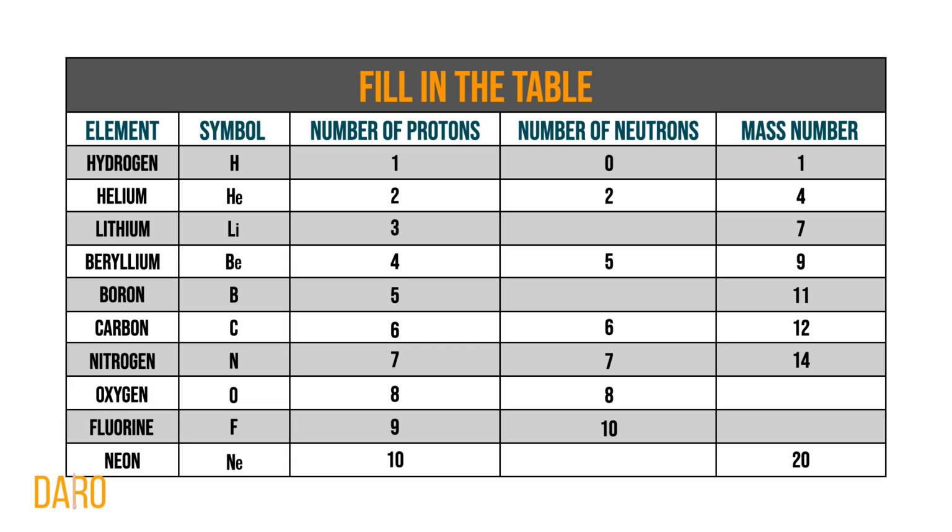Now, if you have the order of the elements and you know two of the numbers, either the number of protons and neutrons or the number of neutrons and the mass number, you can work out the missing number. For helium, we know that we need to add the number of protons and number of neutrons together to find the mass number.